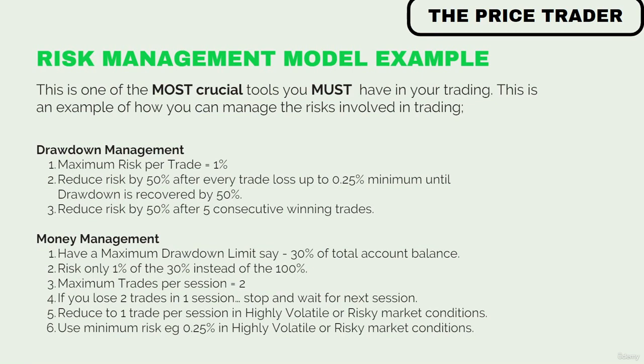Then under money management, this is just an example. Let's say you have an account of $5,000, and in this example you have a maximum drawdown limit. Say in that $5,000, you do not want to lose anything more than 30% of that account.